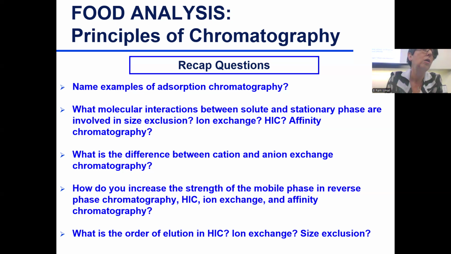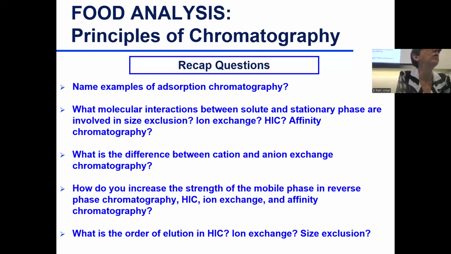Ion exchange, if you're changing the pH, does it depend on the counter ion of your stationary phase? It matters based on the type of the functional group on your stationary phase.